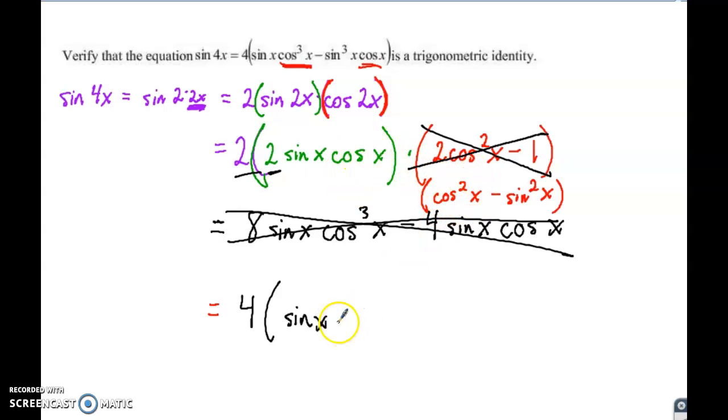But cosine times cosine squared is cosine cubed of x. Okay, so sine times sine is, sorry, I said that wrong. Sine times sine squared is sine cubed of x. And then cosine of x. There we go. That's it. That's the one I should have used to get to the correct answer. And then a little trick there with factoring out a 2, but also distributing to get to that answer.